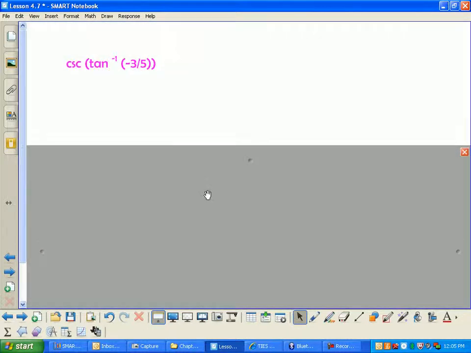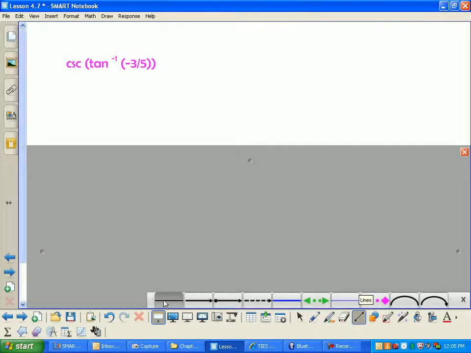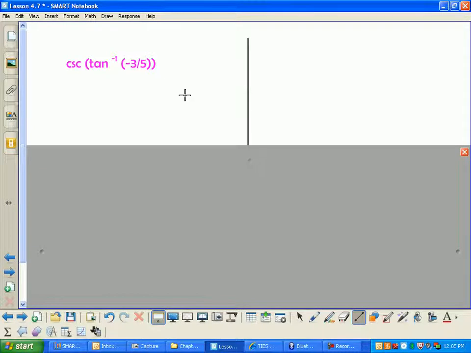So I'm going to draw my triangle, and I'm going to first of all decide what quadrant it's in. Tangent gives you output somewhere between -π/2 and +π/2, not including either of those endpoints.